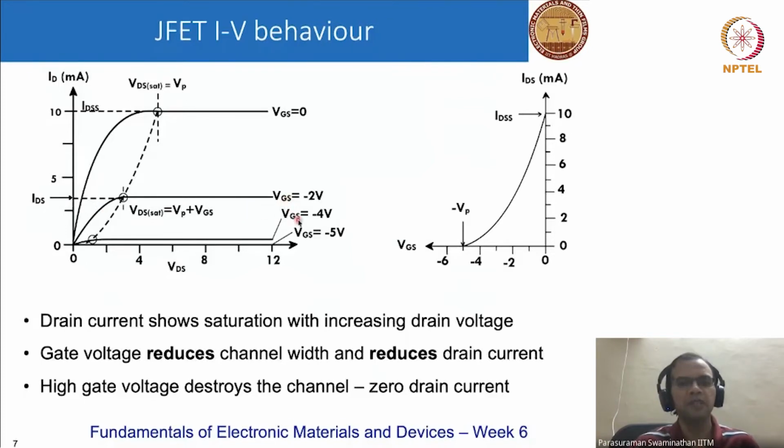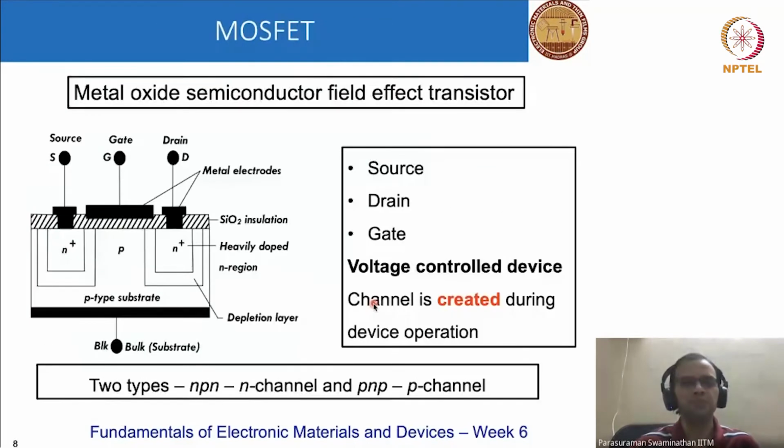As VGS becomes more negative, at one particular point, the channel is destroyed and we have zero drain current. So a JFET is an example where applying a voltage to the gate reduces the current in the channel, and that controls the flow of current from the source to the drain.